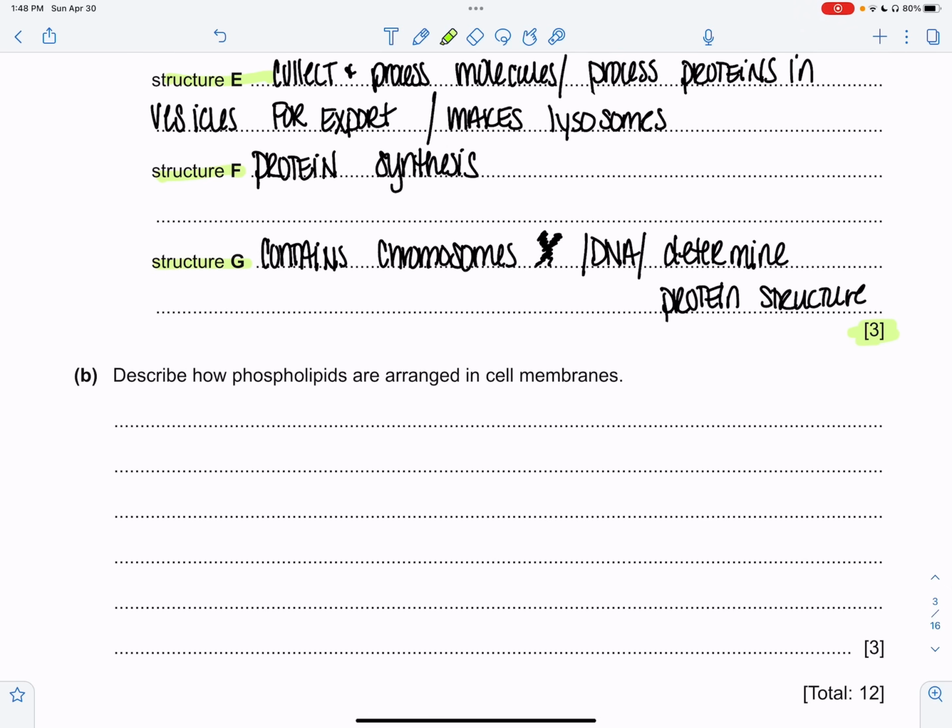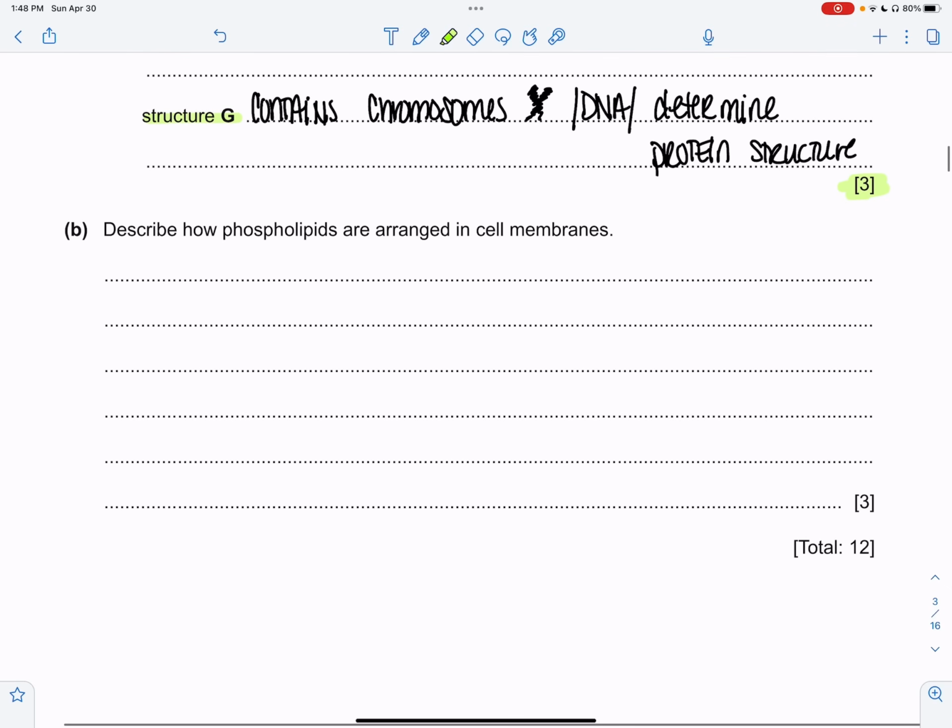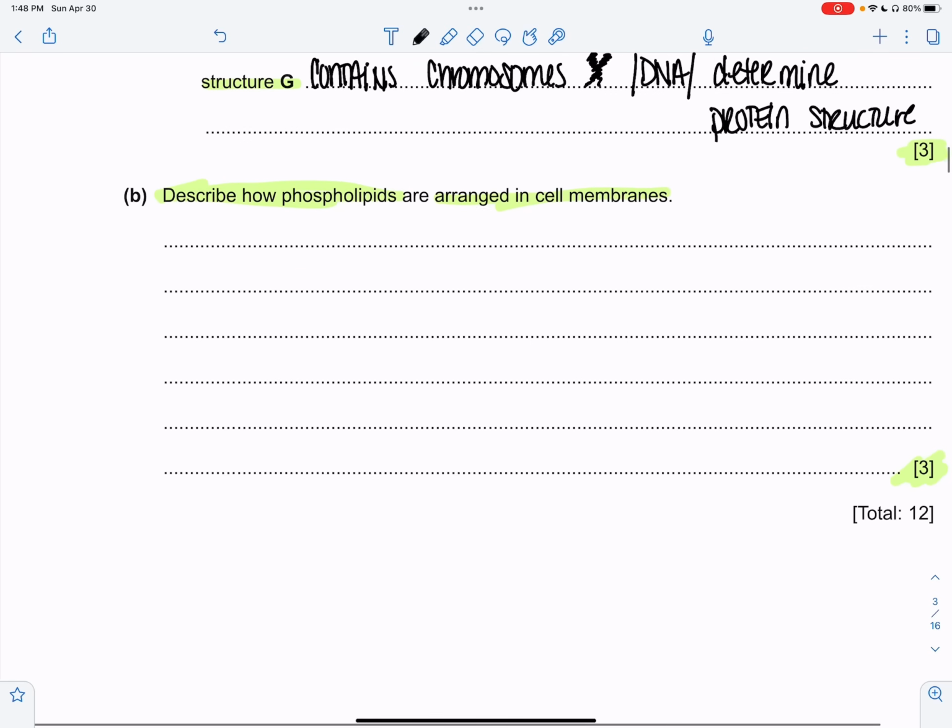Okay, and then to end the cell questions: describe how phospholipids are arranged in cell membranes. So it's not explain, it's just describe how.